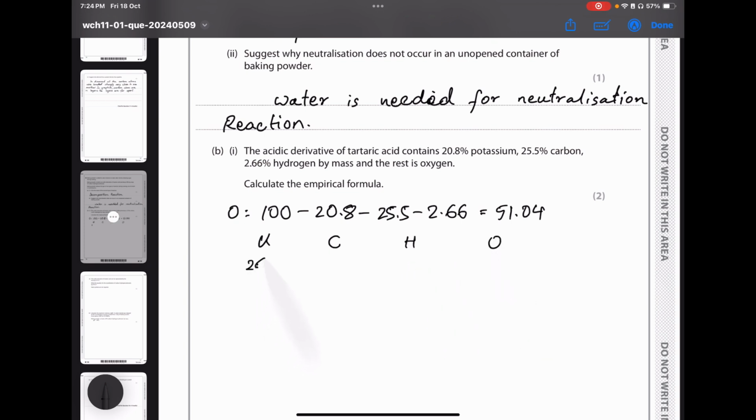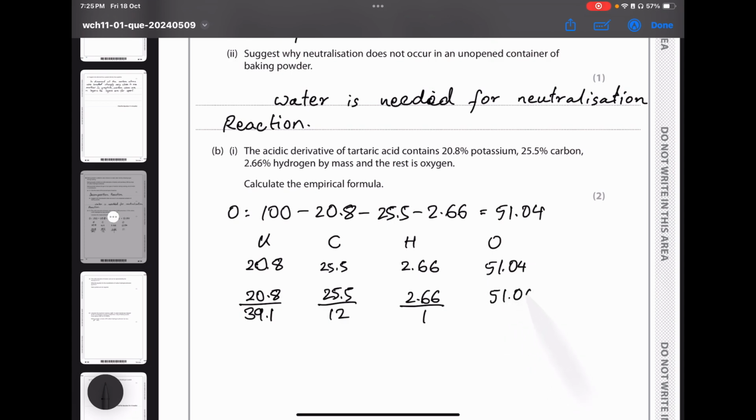Potassium is 20.8, carbon is 25.5, this is 2.66, and this is 51.04. Now 20.8 divided by 39.1, it is the molar mass of potassium. 25.5 over 12, 2.66 over 1, and 51.04 over 16.